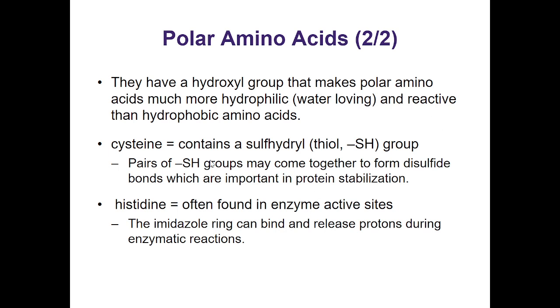Okay, so cysteine, this is going to contain a sulfhydryl, which is another naming for thiol, by the way, but nobody ever uses, which is an SH group. This pairs with the SH groups, can come together to form the disulfide bonds, which I had mentioned.